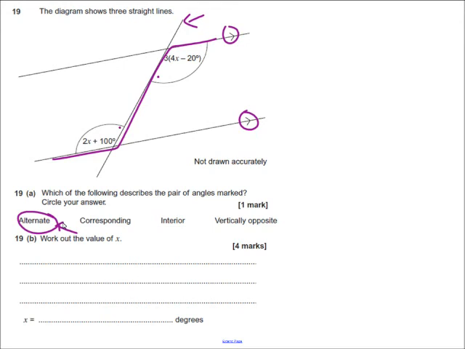Well, alternate angles are the same, so in theory we're creating an equation that says 2x plus 100, our first angle here, is exactly the same angle as 3 into (4x minus 20). Close the brackets. So we've kind of got an equation that we need to solve.